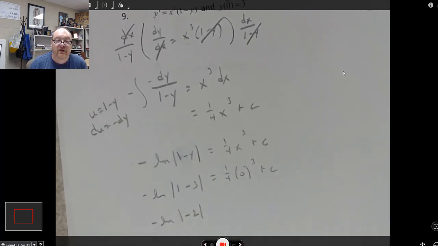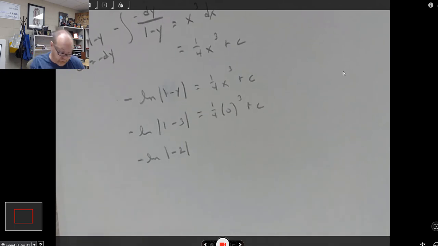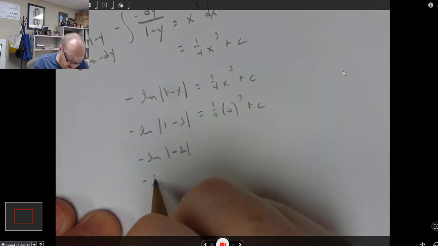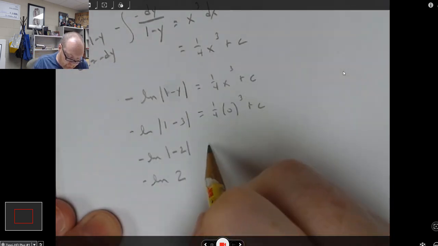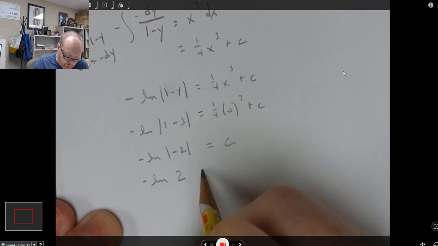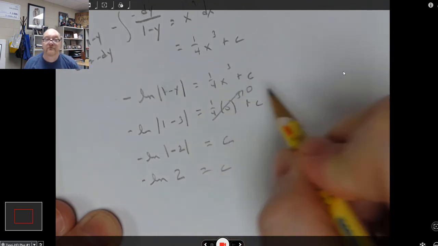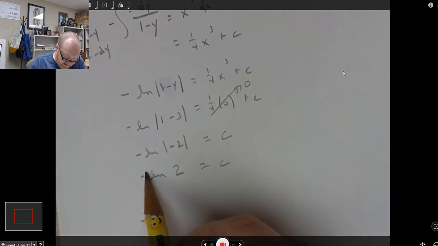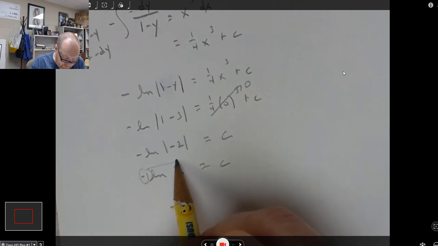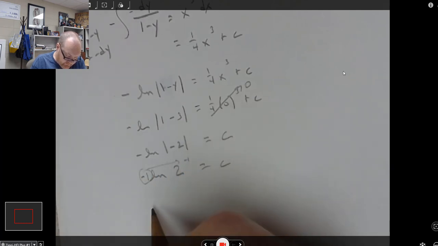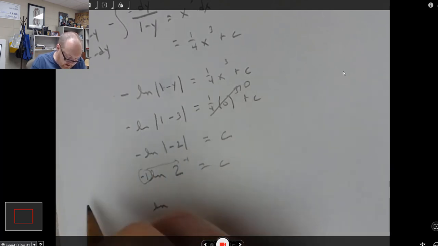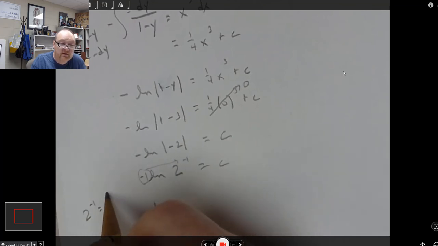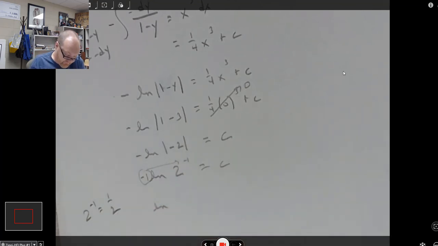That's the natural log of negative 2, which is positive 2. This whole term goes to 0. And I'm going to pull one other little trick. That's like a negative 1 sitting there, so this is the same as 2 to the negative 1, which is a half.